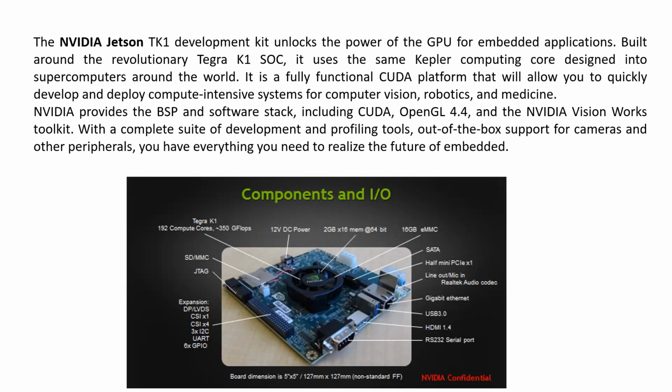So these are the specifications of the NVIDIA type of single board computer system. Here you can observe the image of this dev kit, and you can observe the different components present over here.